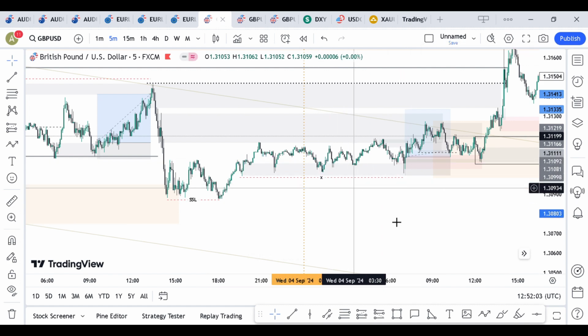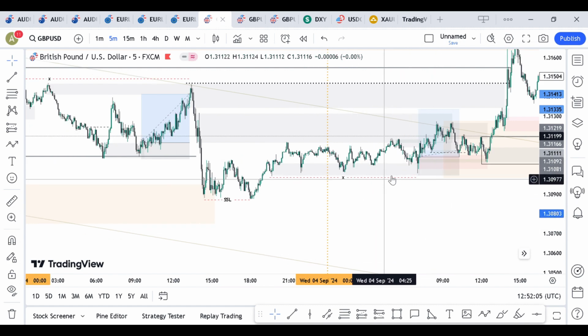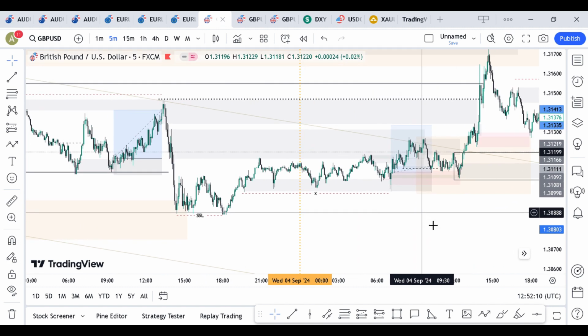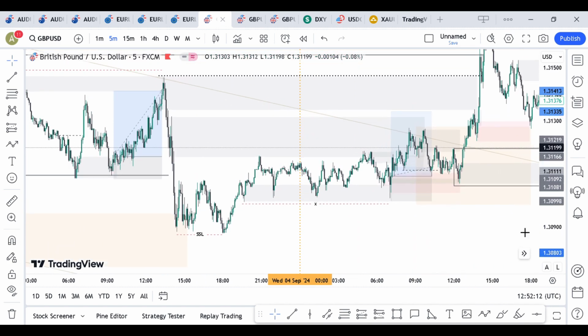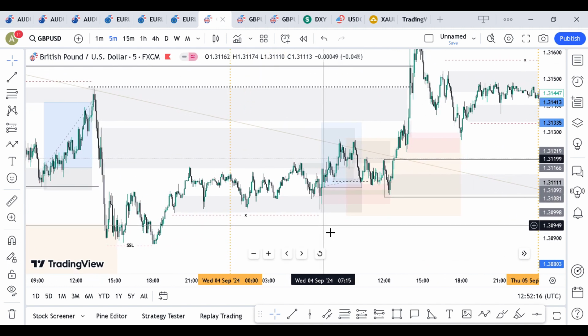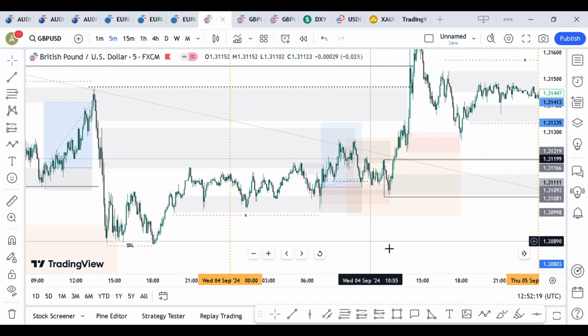After I marked this liquidity, I said, maybe they're using this to induce people so that they could buy and continue price to the upside. Also, later on they'll come and take them out, maybe with the news. We'll see that in a minute.